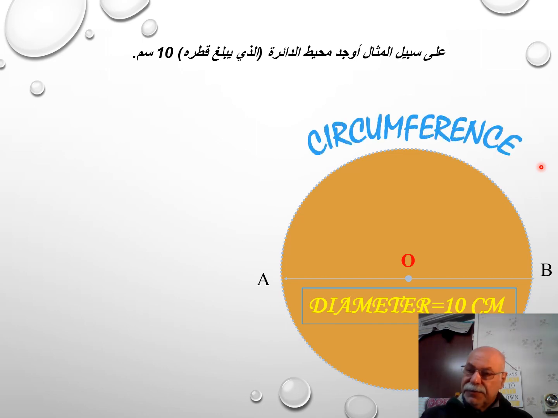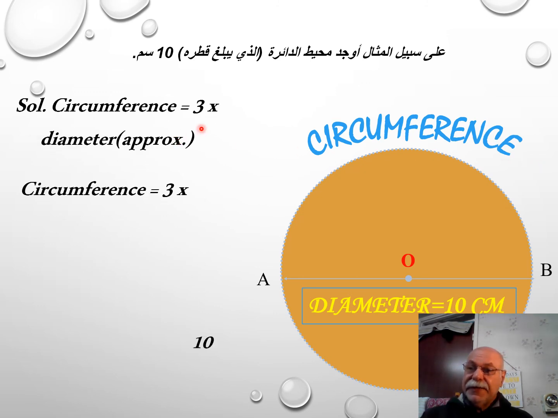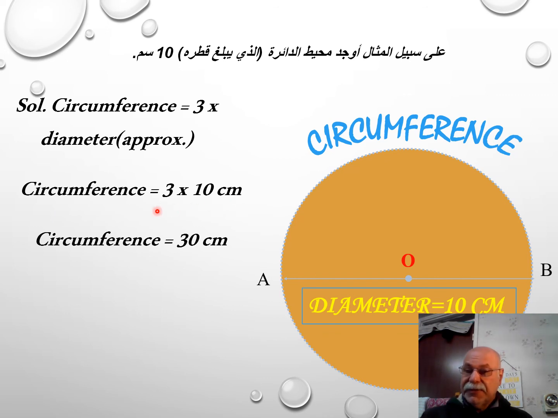The diameter is 10 centimeters. He needs the circumference. Solve. Circumference equals 3 times diameter, approximately. So the circumference equals 3 times 10 centimeters, which is 30 centimeters.